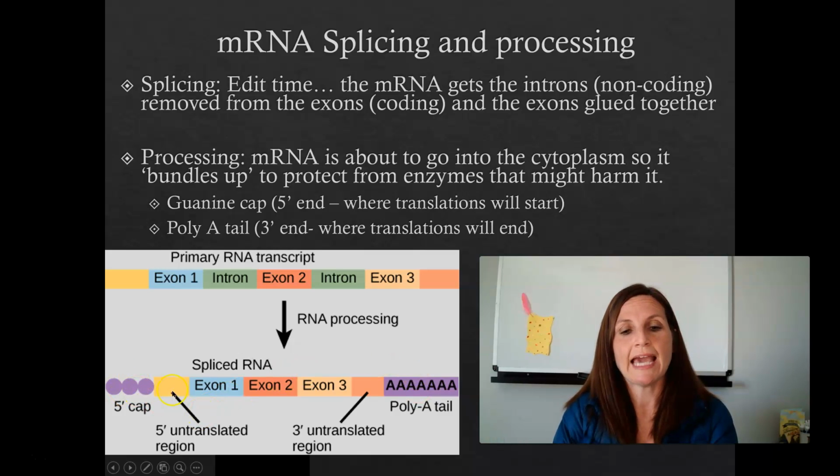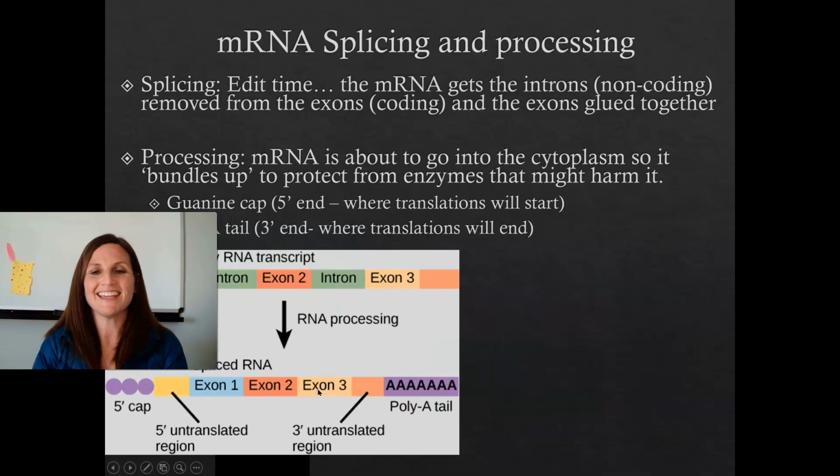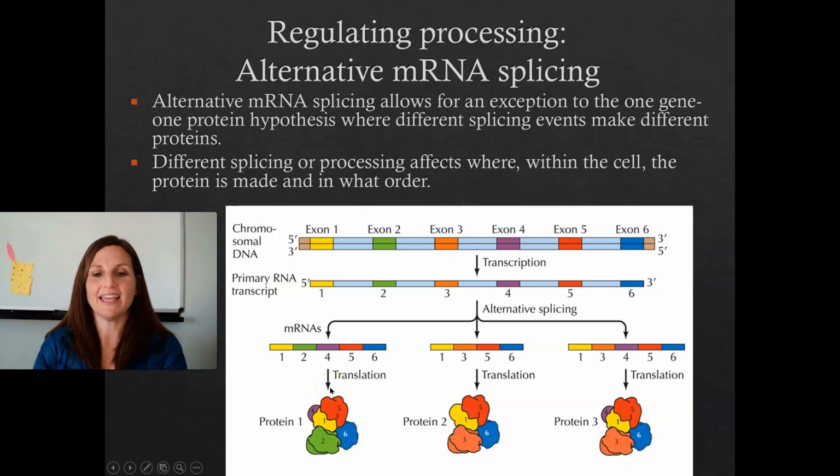So we put a cap to help it find where it's going and a tail to help protect it from breaking down. We get rid of the introns and we put all the important things together. So that's our processing.